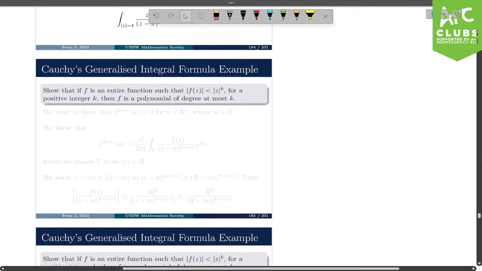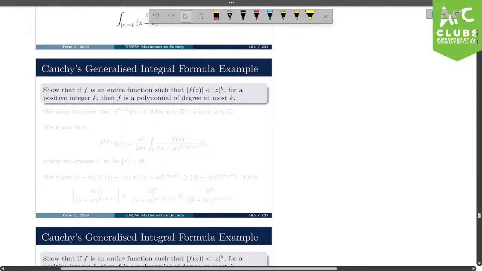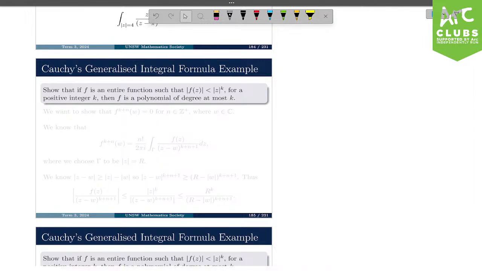Let's keep on moving. So here is another example. We're going to show that a function f is an entire function such that the magnitude of f of z is less than z to the k for a positive integer k, and therefore f is a polynomial of degree at most k. Okay, let's think about this.